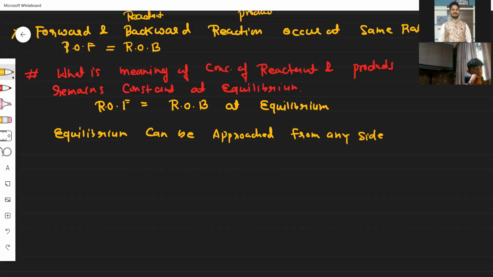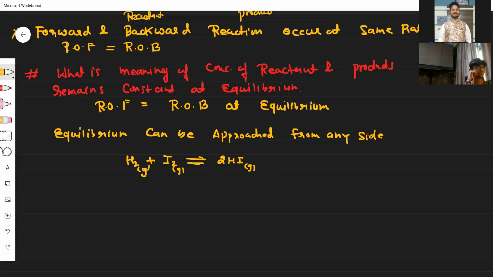It's like on the reactant side or the product side, on the right hand side or the left hand side, we can approach the equilibrium. Example is like here, H2 plus I2 give you two molecules of HI. Here all are gas. H2 is gas, I2 is gas, HI is also gas.